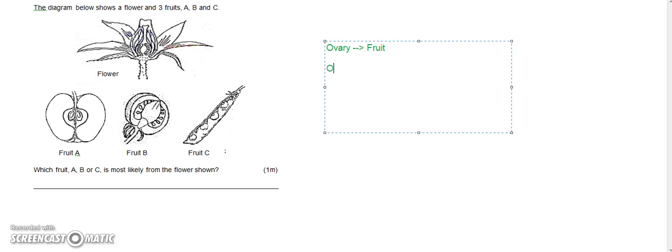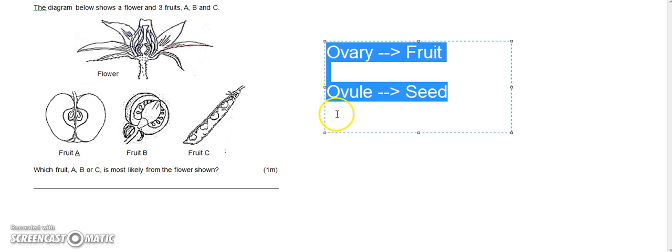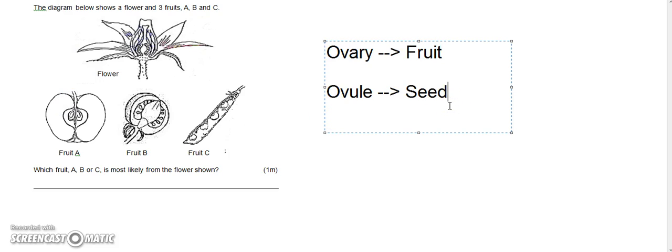And the ovule will become the seed. This is something that you must know already. If you don't, then remember this from now onwards, especially on Tuesday. So ovary will become fruit and ovule will become seed.